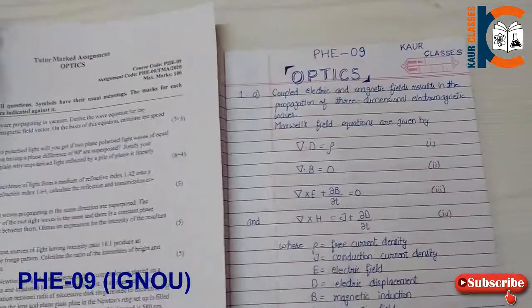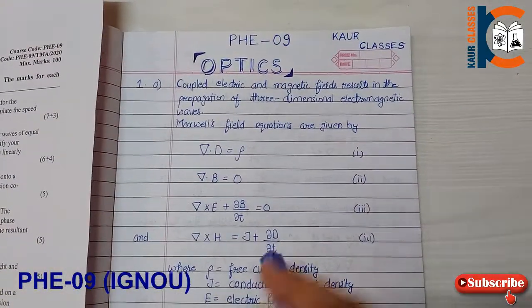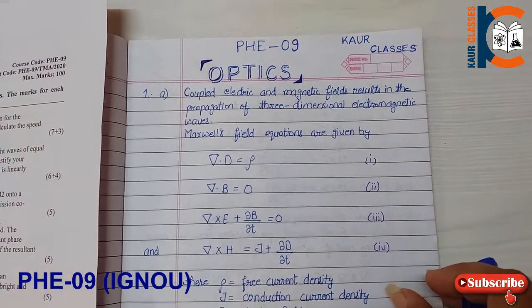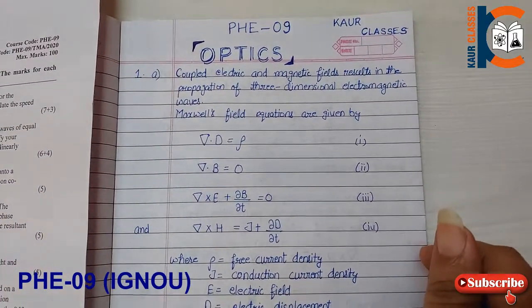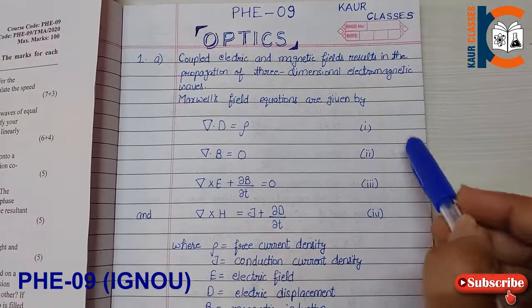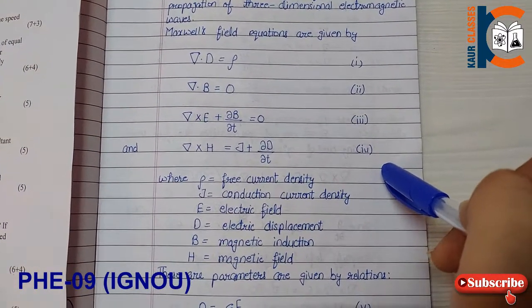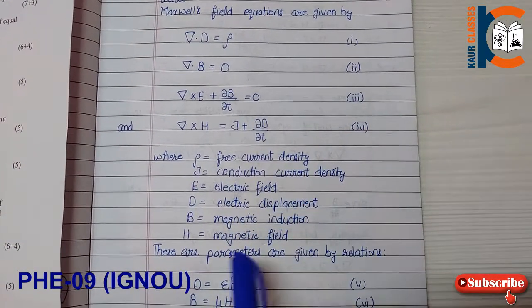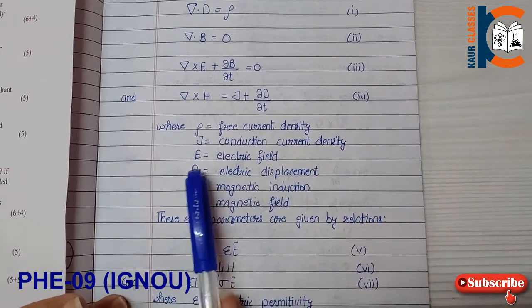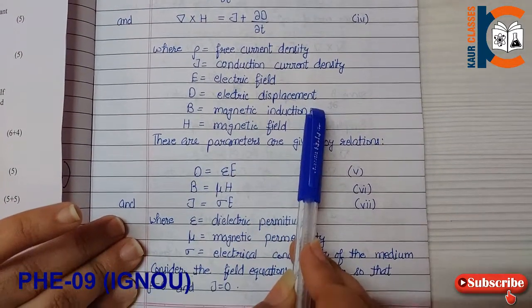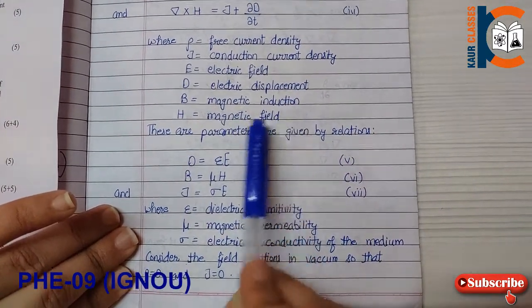So the coupled electric and magnetic fields have to be found in the three-dimensional electromagnetic wave by using Maxwell's equations. Here we have four Maxwell field equations. Here the parameters: rho is free charge density, J is conduction current density, E is electric field, D is electric displacement, B is magnetic induction, and H is magnetic field.